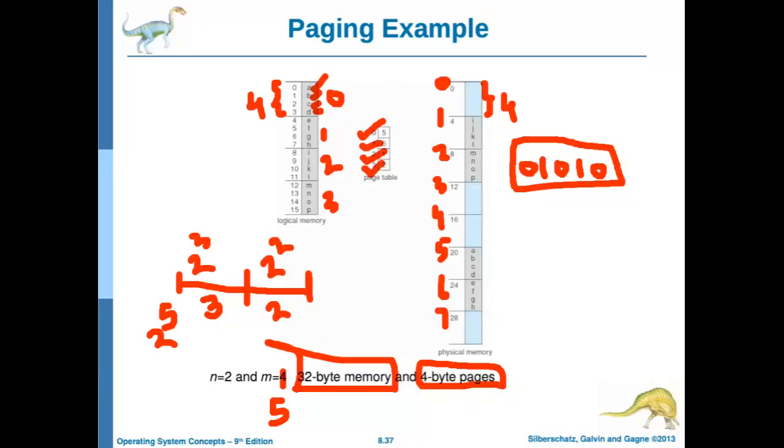Okay, so for example, these first 3 bits, what is the value of this? 010 gives me 2. Logically speaking, that is the third page. That is okay because the page number starts with 0. And this 10 gives me the offset, and 10 is also 2.